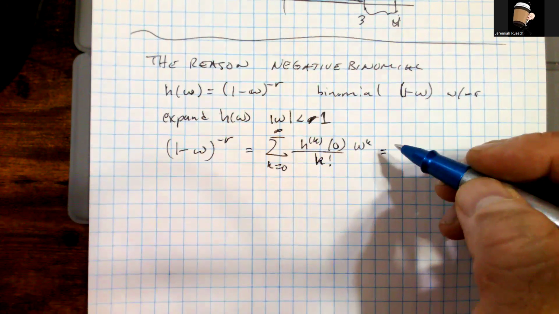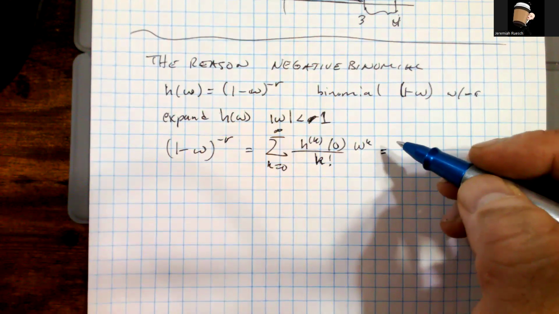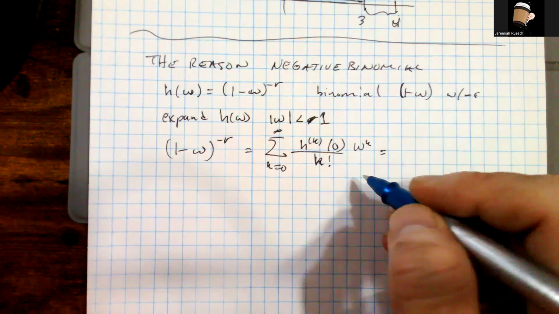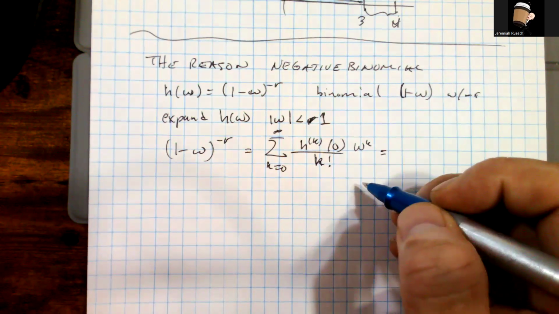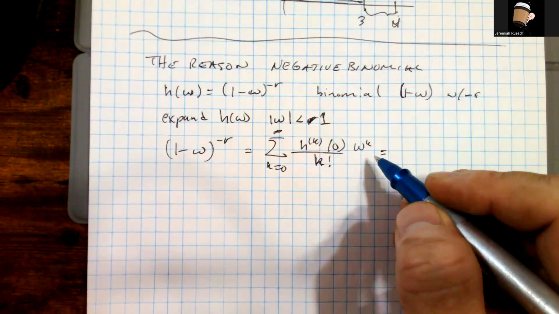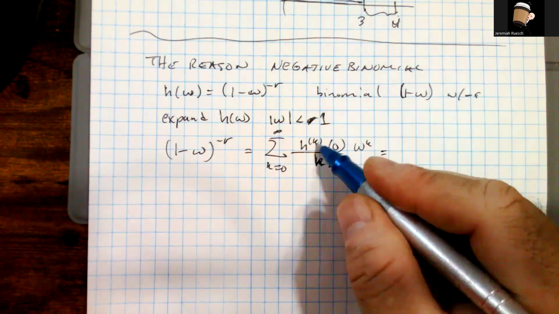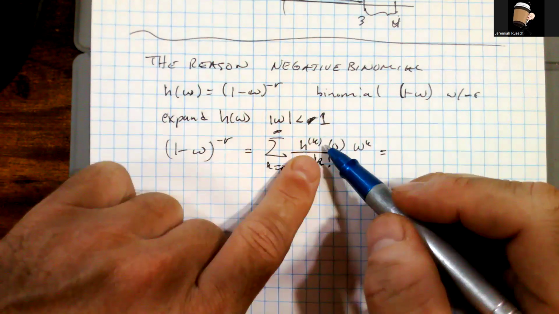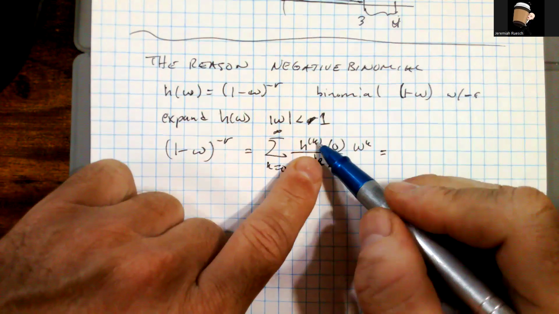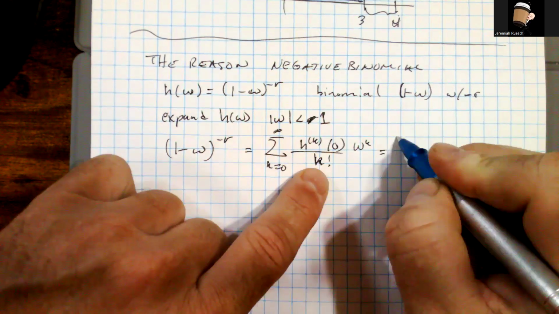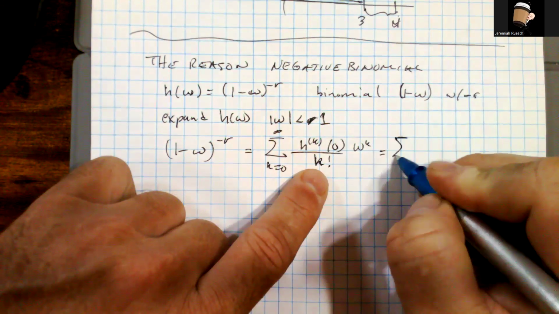And we can make the connection that if we let x, let's see, well, before we do that, let's do something with this. So the coefficients here can be written using the binomial expansion.